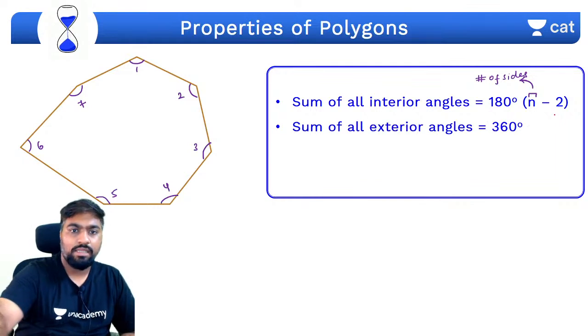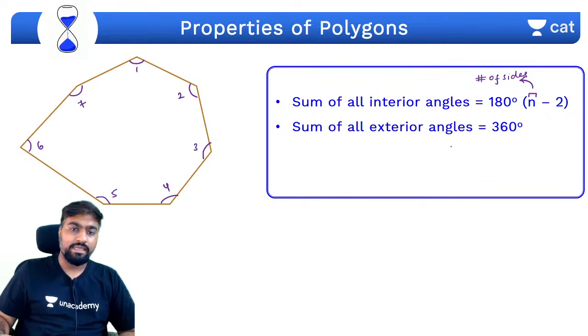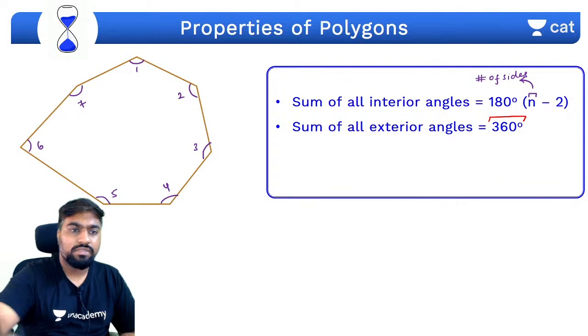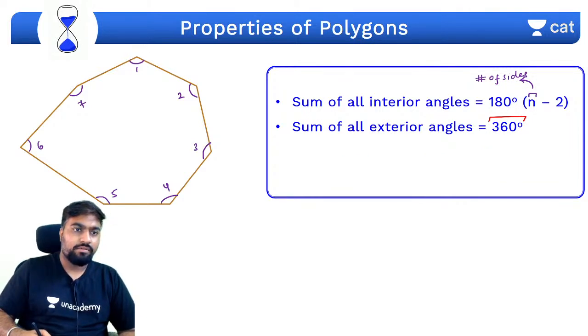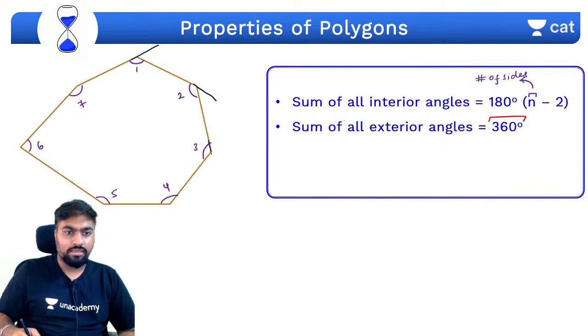Next, sum of all exterior angles. Sum of all exterior angles must always be equal to 360 degrees, irrespective of the type of polygon that you are dealing with. So if we say that here, this is an exterior angle, this is an exterior angle, here you can say this is an exterior angle, this is an exterior angle, this one, this one, and this one, right?